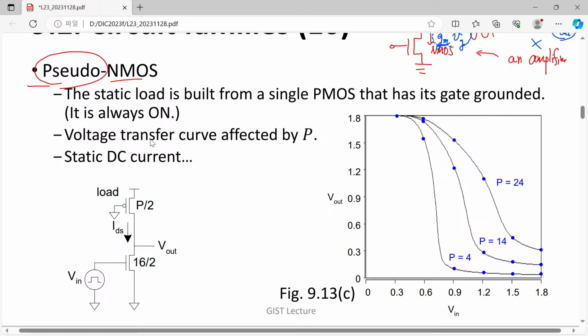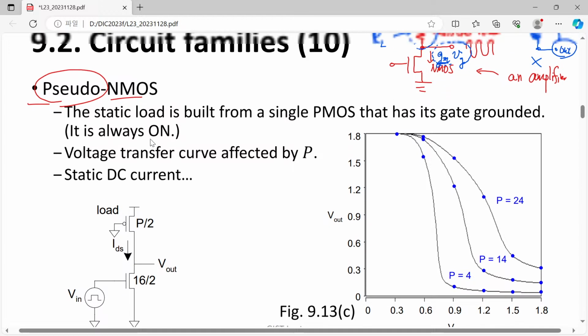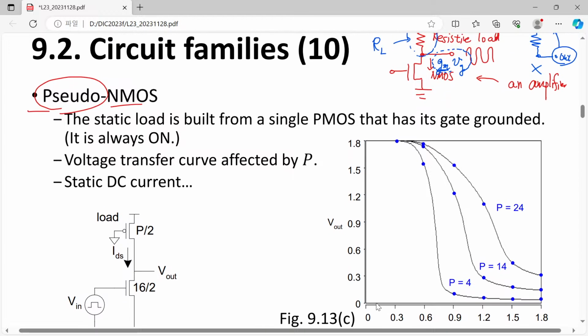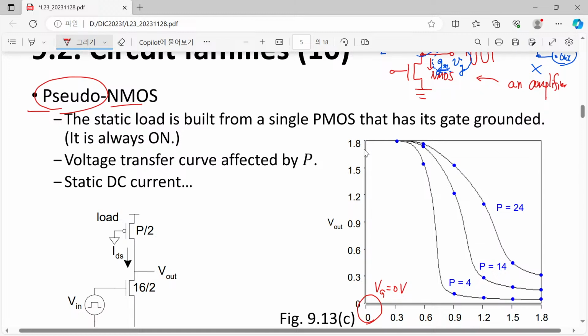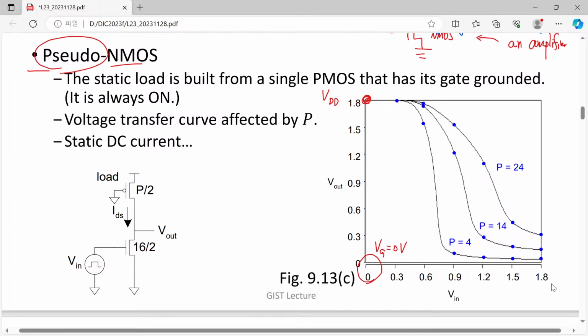Please note that, once again, when we have low input, when Vg equals 0, it is certain that our output voltage becomes VDD. Good. However, if we have input equal to VDD, then both our pull-down network and pull-up network are alive and they are fighting each other.